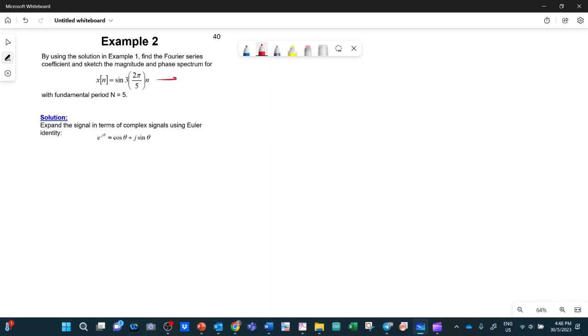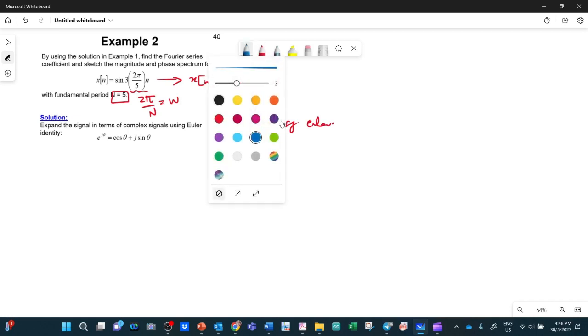If you rewrite this equation, you get x[n] equal to sine of 3 times 2 pi over N, where N is 5, so it is equal to sine of 3 omega n. This is the equation that you need to expand using Euler. Let's do the solution.